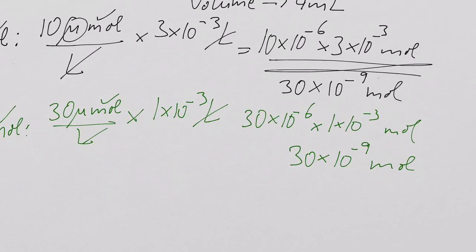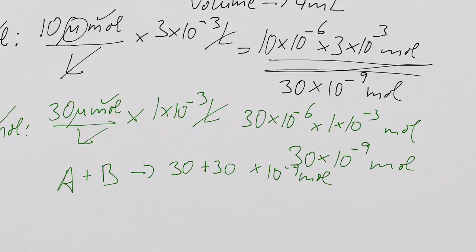And if I put them together, A plus B, how many moles do I have? That gives me 30 plus 30 times 10 to the minus 9 mole. And that is 60 times 10 to the minus 9 mole. That's how many moles I have picked up from both solutions together. Yeah?